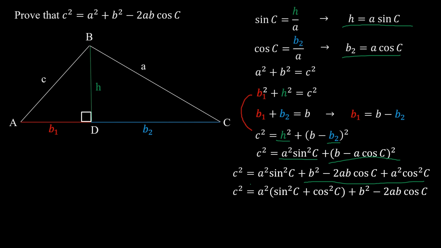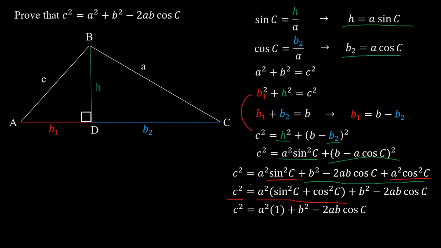So if you will notice, we actually have a squared sine squared c here, as well as a squared times cosine squared c over here. So we can put these terms next to each other and factor out the a squared, and we're going to get that a squared (sine squared c plus cosine squared c) plus b squared minus 2ab cosine c is all going to be equal to c squared.